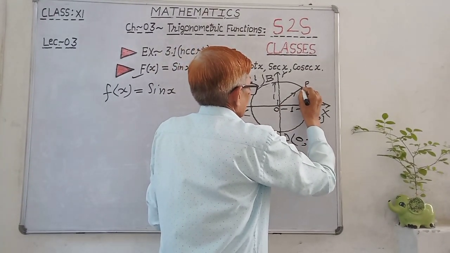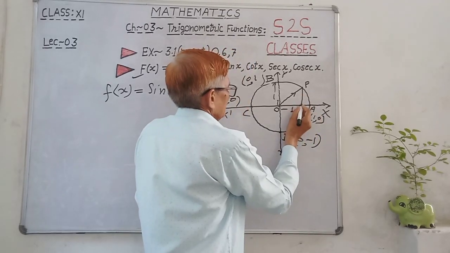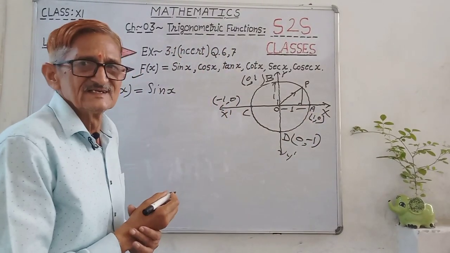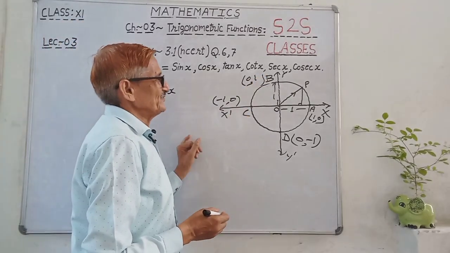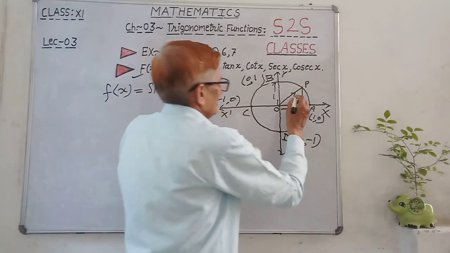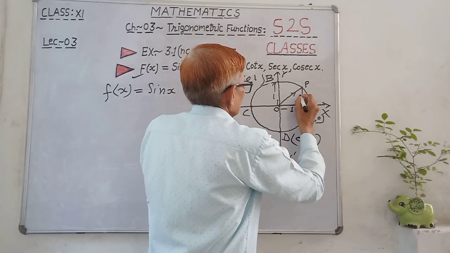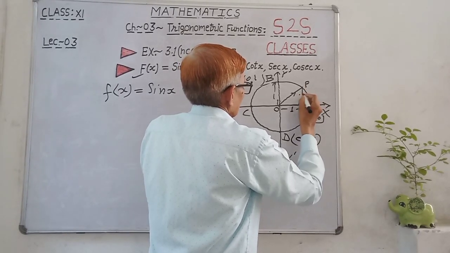Coordinate of this point P: if you draw the perpendicular here, then what is the coordinate of point P? We can't write it here, so let it be x comma y.